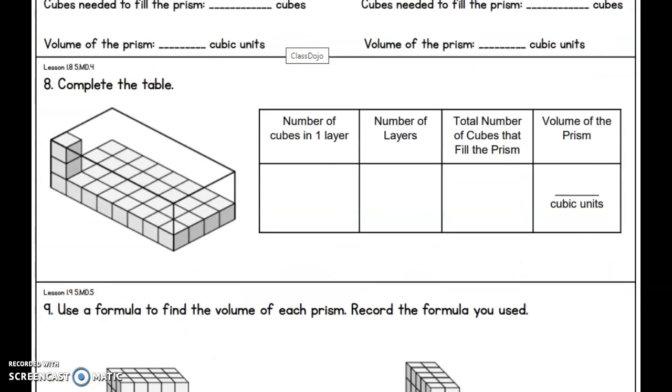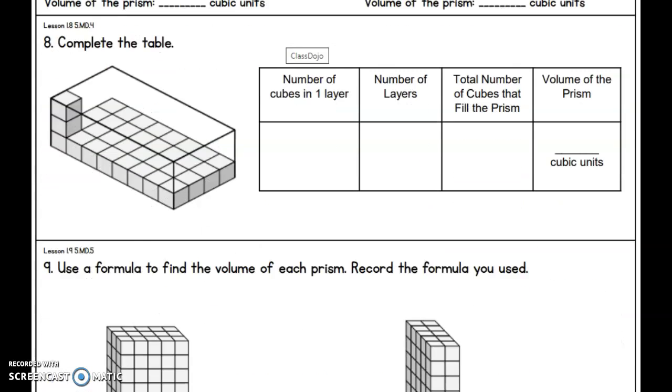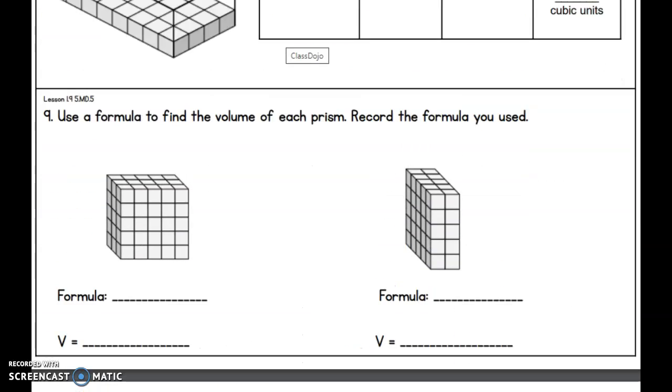Then you're going to be using the formula of number of cubes in 1 layer and multiplying it by the number of layers. If you want to look in your SRB, this can be found under iterating layers to find the volume.